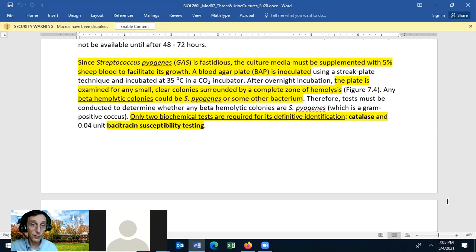But you only need 2 biochemical tests to definitively prove that the beta hemolysis on a blood agar plate is coming from Streptococcus pyogenes. You run the catalase test and the bacitracin susceptibility test.